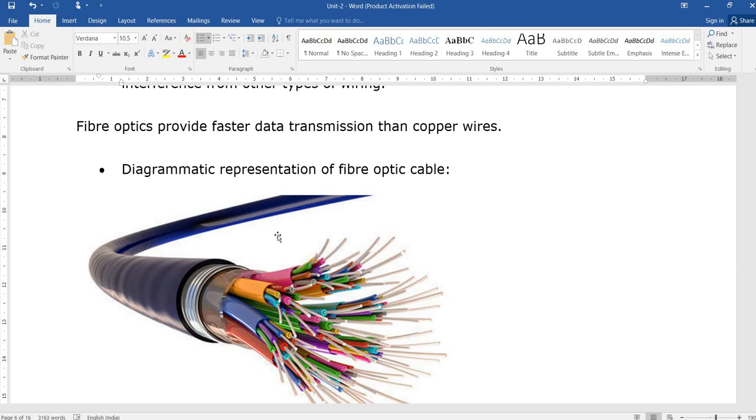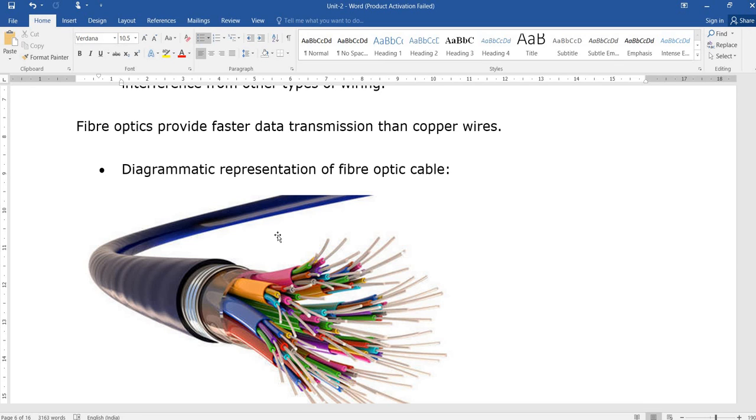In the one core we can have 26 number of cables. In the two core cables also we can have 12 pairs, 12 fiber optic cables like this.